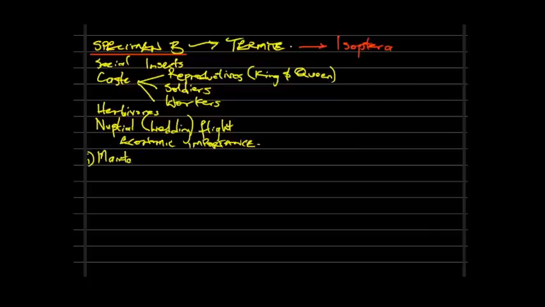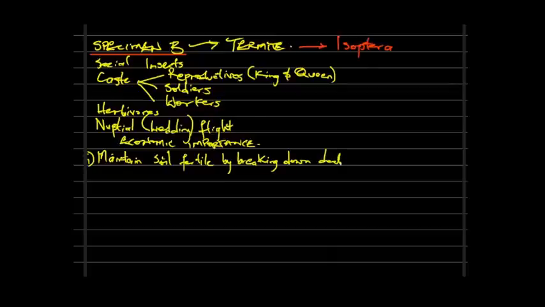Yes, they maintain soil fertility because they help to burrow into the soil, thereby aiding the breakdown of dead trees, as well as permitting the movement of air and water in the soil.